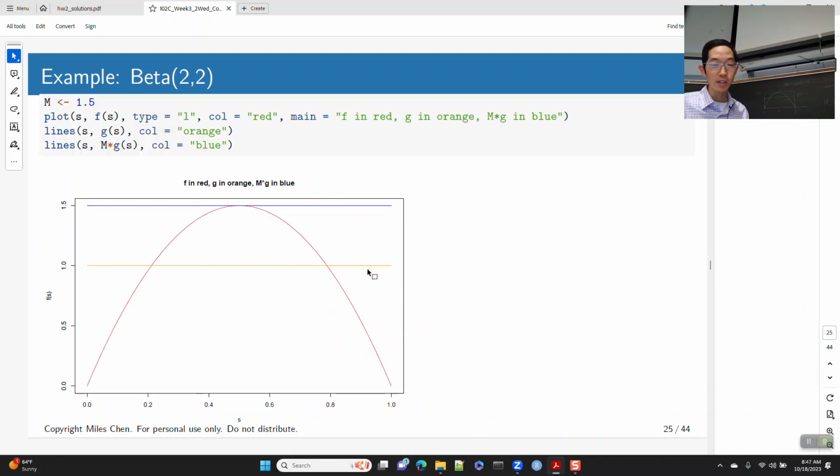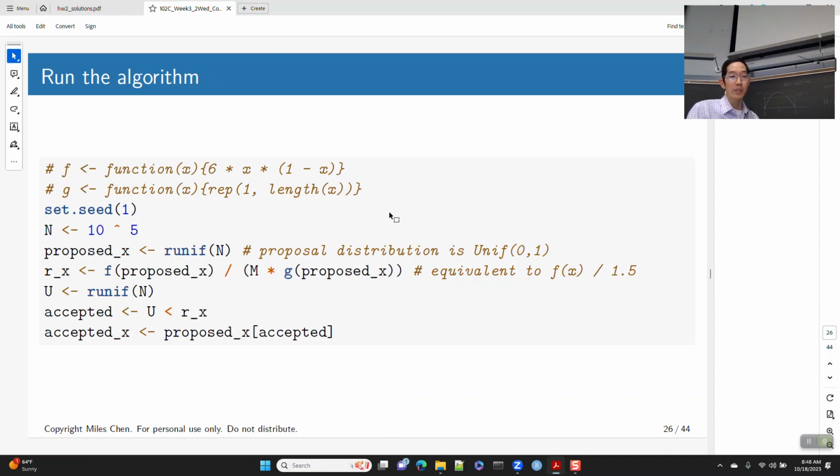And so if I take our g of x, which is just 1, and multiply it by m, it's going to come up to here. Then we are going to propose a random value of x between 0 and 1.